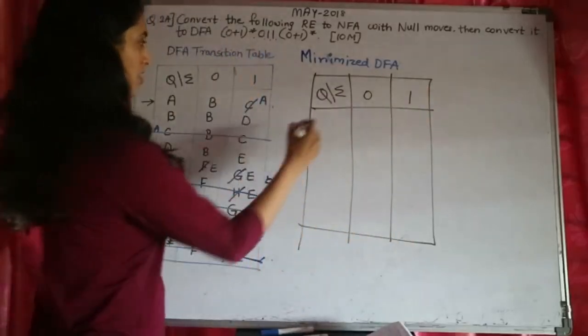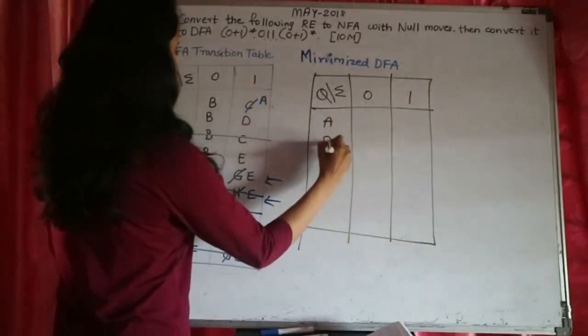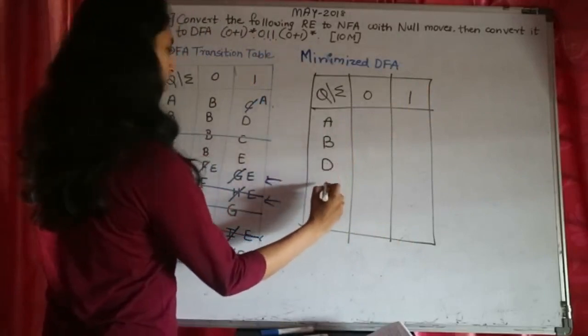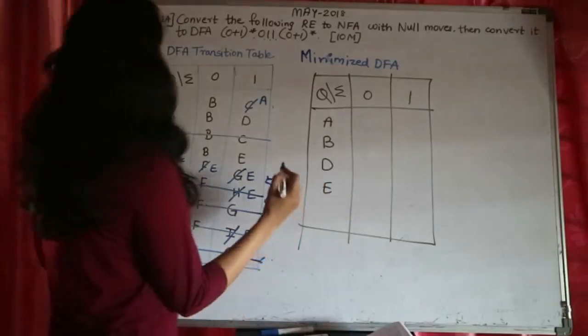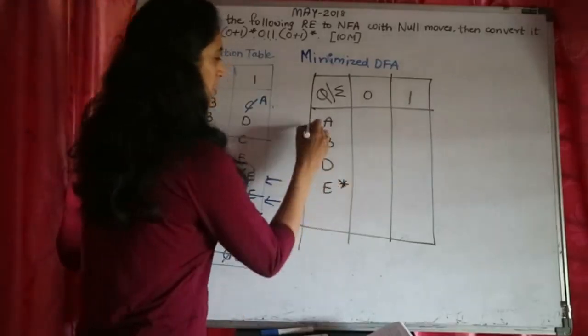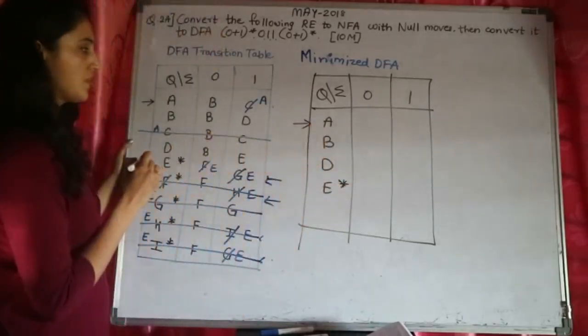That is having states A, B, D, E, where E is a final state and A is an initial state.